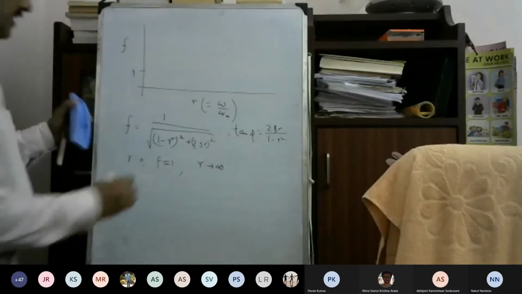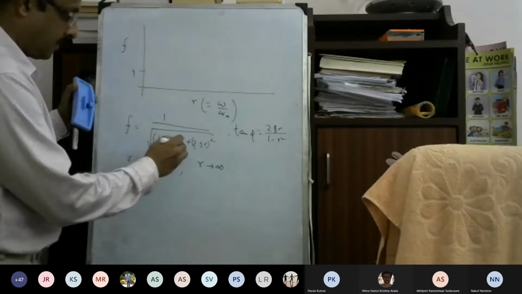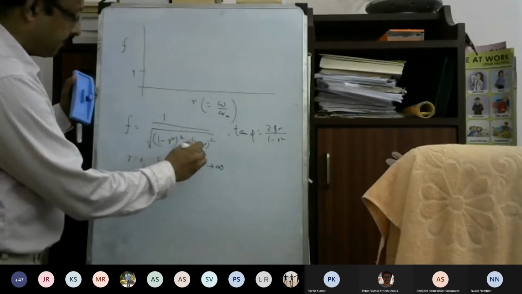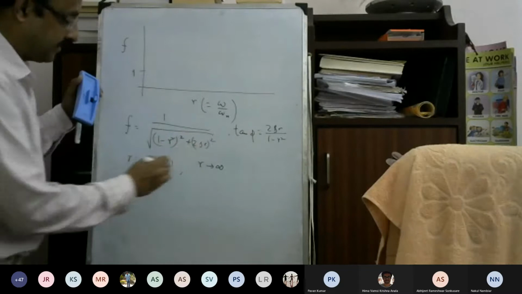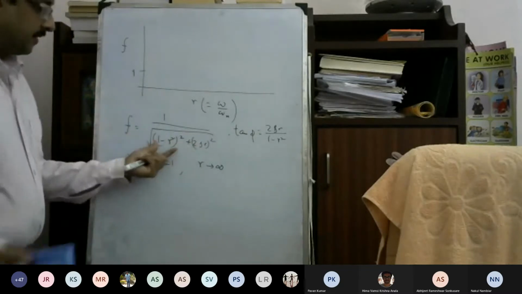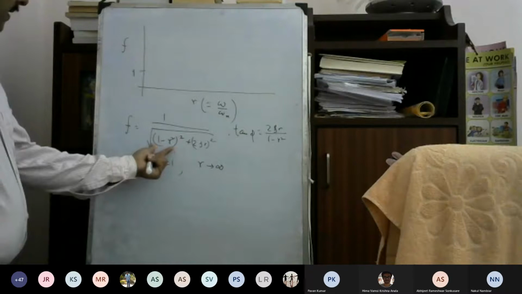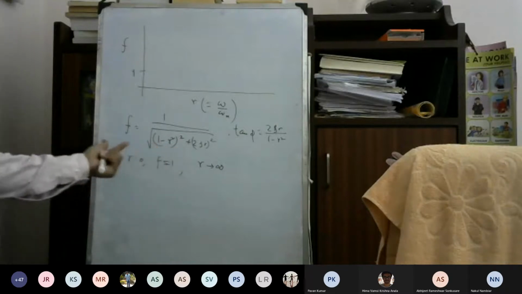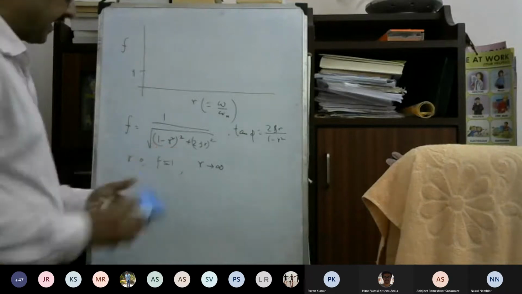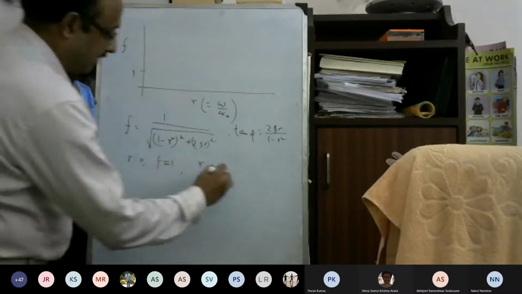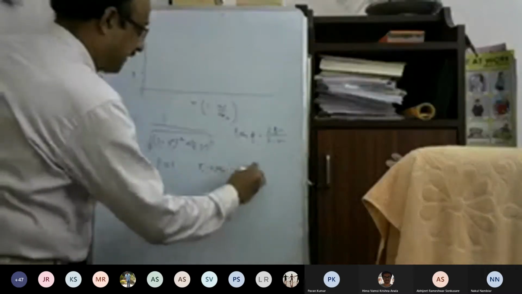So when r tends to infinity, what is going to happen to F?